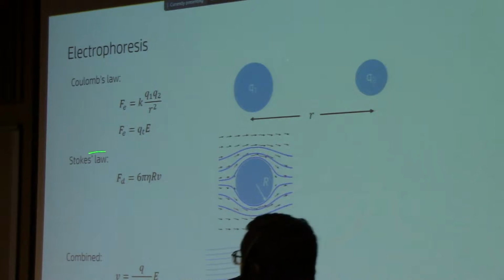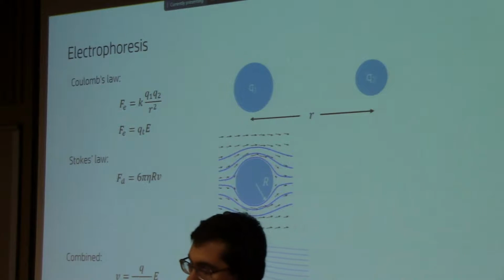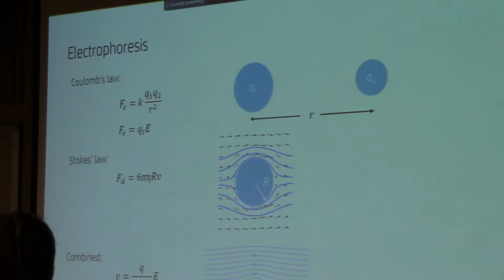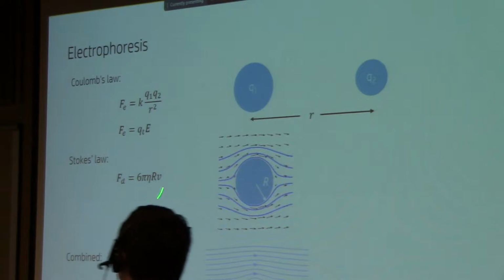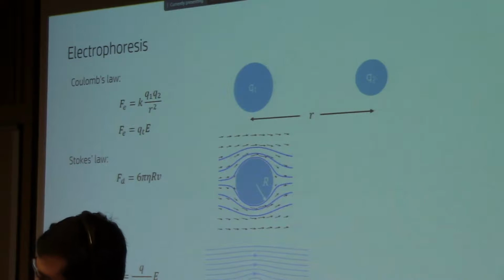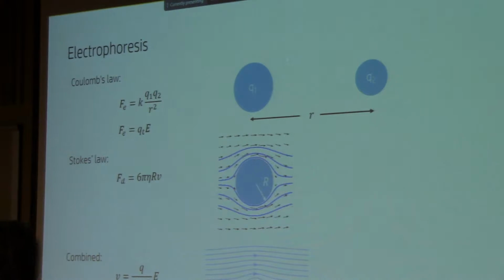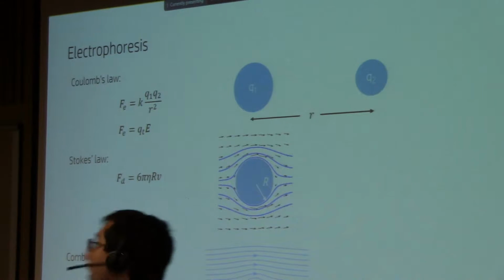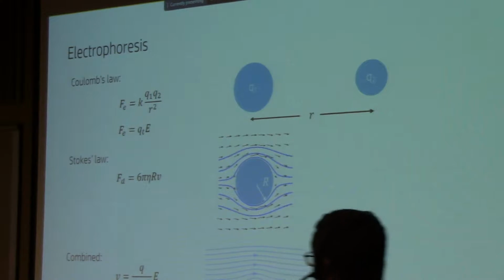This is valid for low Reynolds number flows, typically Reynolds number less than 1, but you can still use it for Reynolds numbers even as high as 10. This equation is still fairly applicable.